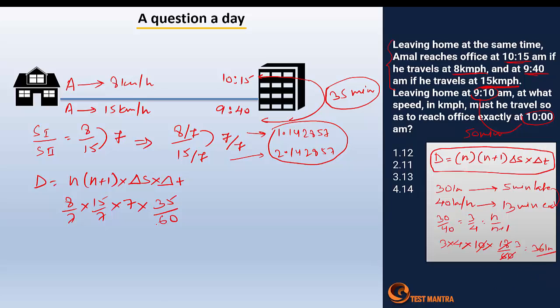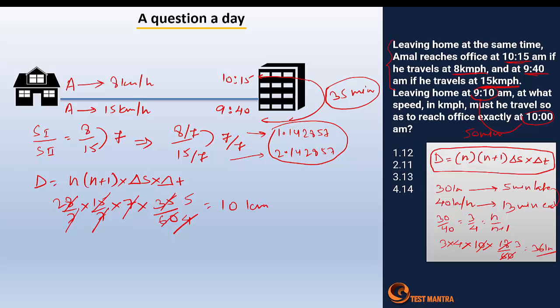Let's mark the figure in this format. So let's cancel out some of the figures here. 7 is cancelled. This is 5 times, 4 times, and this is 2 times. The distance is nothing but 10 kilometers.